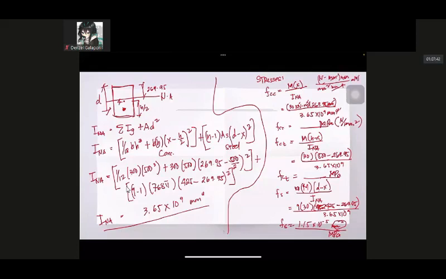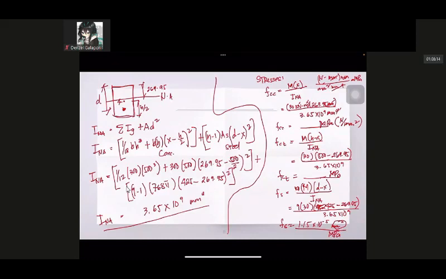So, check. Be careful with your conversion. Although it is easy, direct substitution, the conversion is very crucial. To convert kilonewton to Newton, multiply by 1,000.